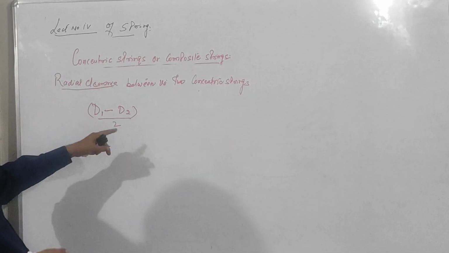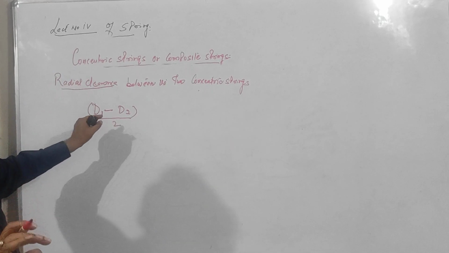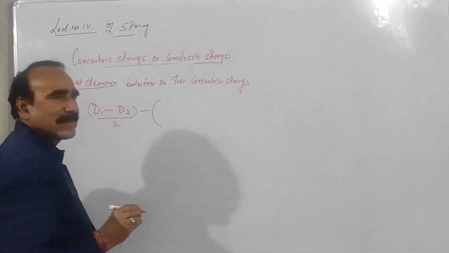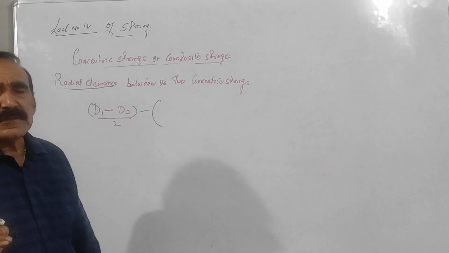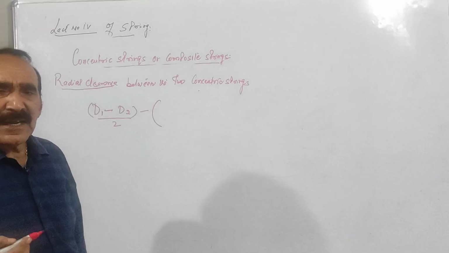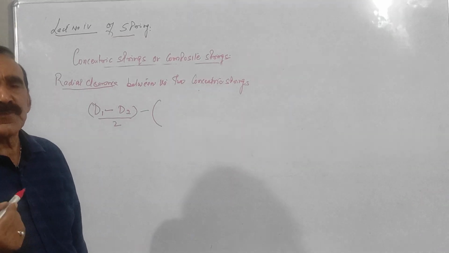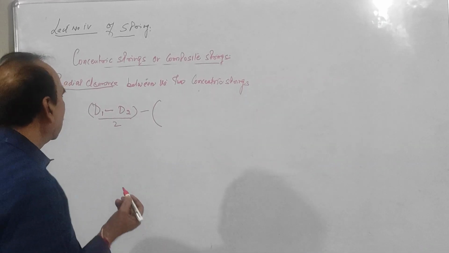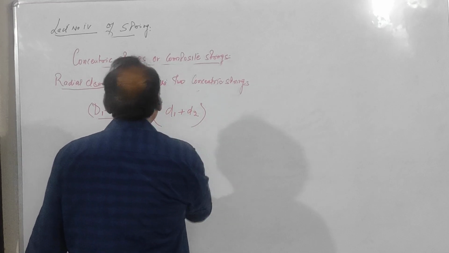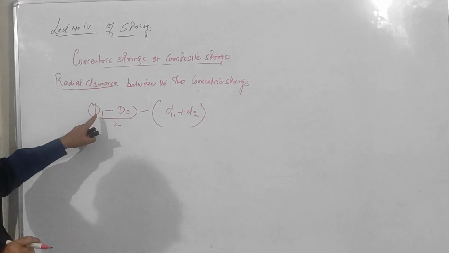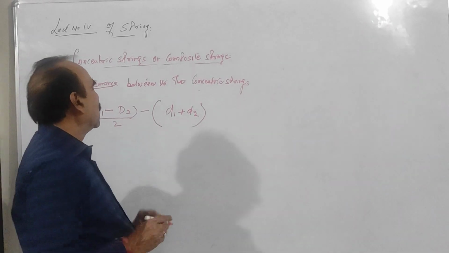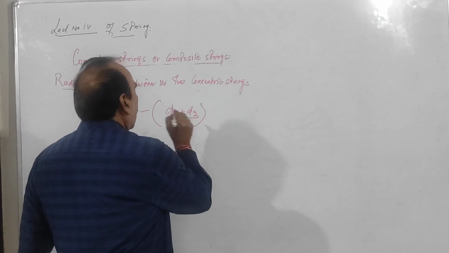ये हो गया जो इसका आउटर एज था, d1 minus d2 by 2 माइनस, अब जो स्प्रिंग वायर है इसका स्मॉल d1 is the diameter of the spring wire of the external spring, and the small d2 is the spring wire diameter of the internal spring, inner spring. So you can say d1 plus d2, right? ये आपका रेडियल क्लियरेंस बनेगा: d1 minus d2 divided by 2 minus d1 plus d2 divided by 2, right?